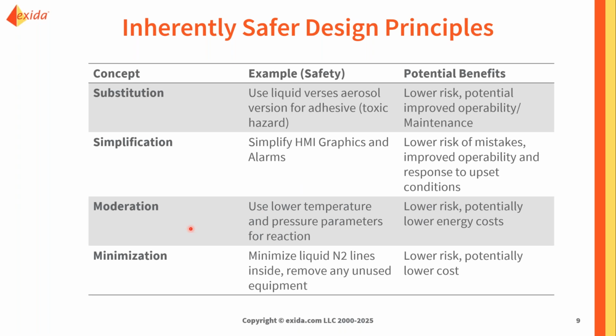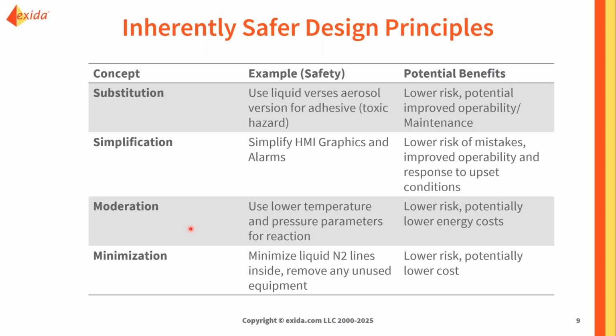For moderation, here we could think about the process parameters that we are using for a reactor. By lowering the temperature and the pressure that the reactor is operating at, we're going to have more room between our normal operating conditions and our maximum allowable working pressure and maximum allowable temperature, so that if we do have a slight disruption or some sort of issue, we're further away from that loss of containment or that potential consequence event.